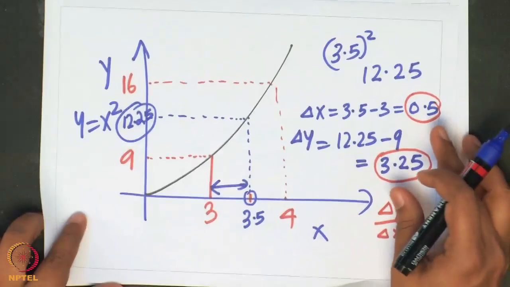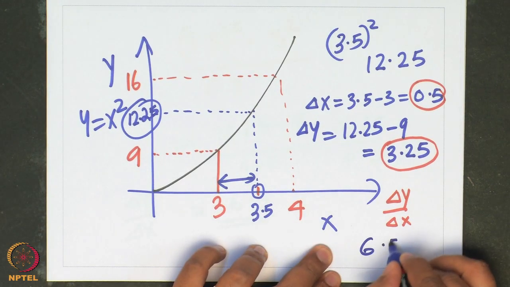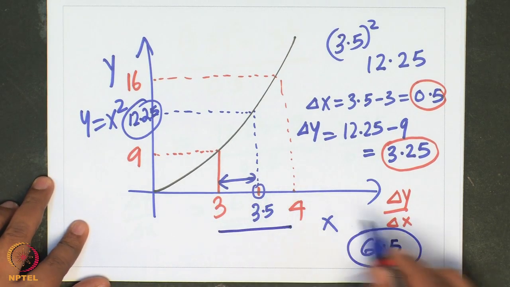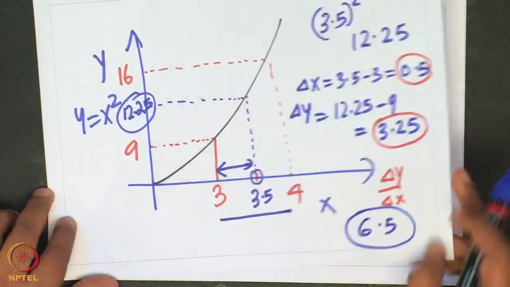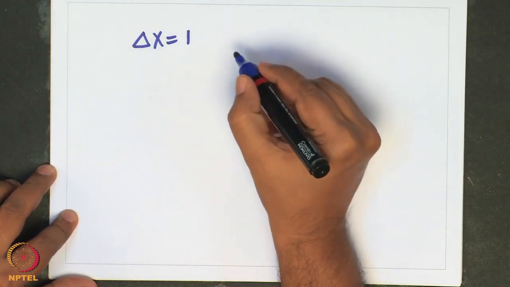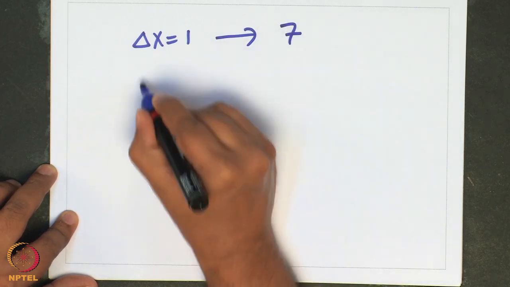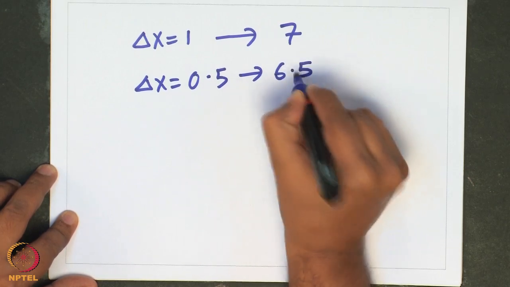If I took this interval, the answer was 7. When I took between this, the answer was 6.5. Let me write that here a little bit more carefully. When I took delta x equal to 1, the answer was 7. When I took delta x equal to 0.5, the answer became 6.5.